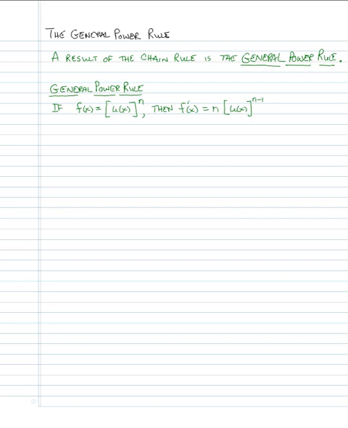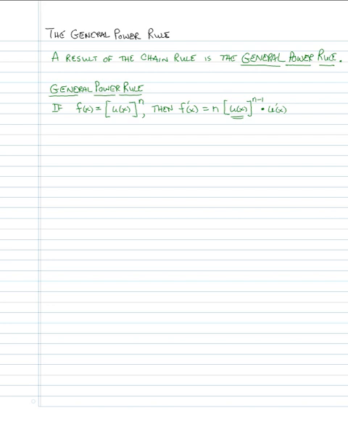Except inside the parentheses, we don't have just an x. That is, this u of x is complicated, maybe. What we do next is we multiply that. This is the part that we have to remember. This is extra. We have to multiply what we have here with the derivative of what's inside the parentheses. That is what the exponent was on originally.